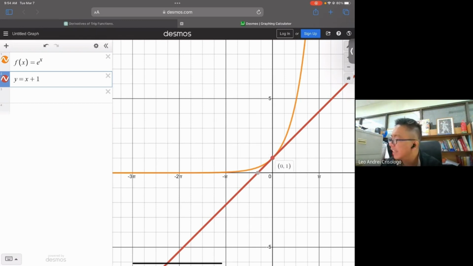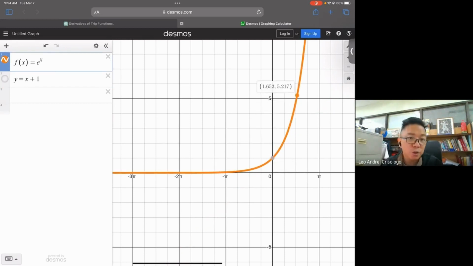Okay. Then paglagpas natin sa x equals 0, then it just goes up again. Tataas ulit ng mabilis. So I don't know if you're noticing, but the derivative of this exponential function will sort of behave like an exponential function.